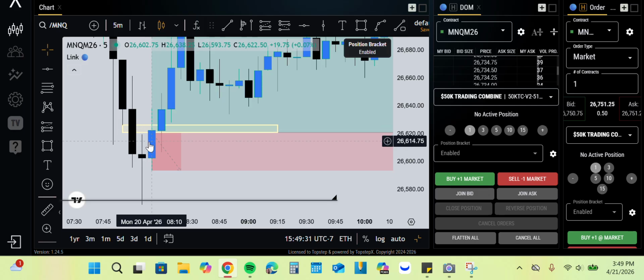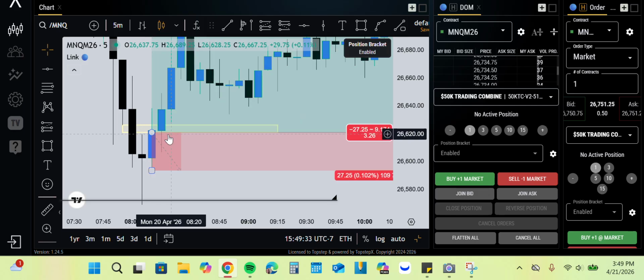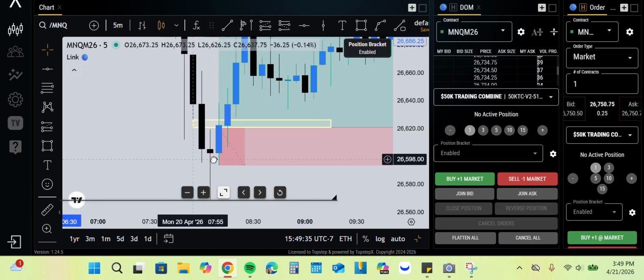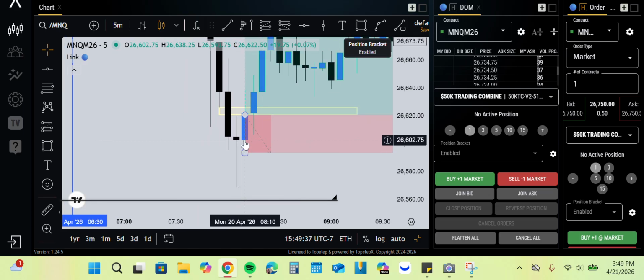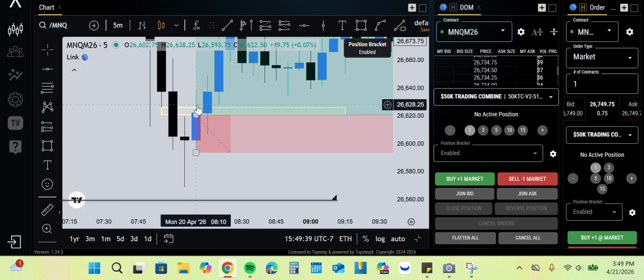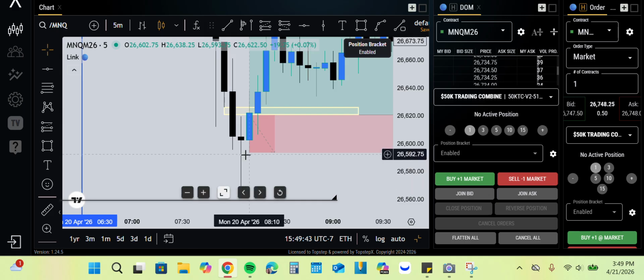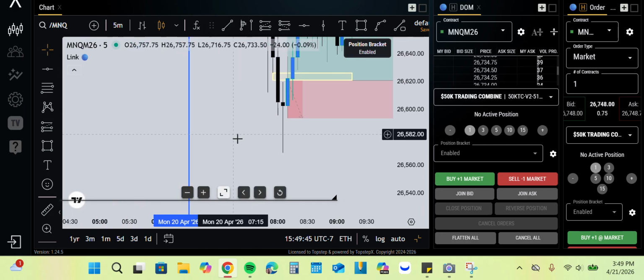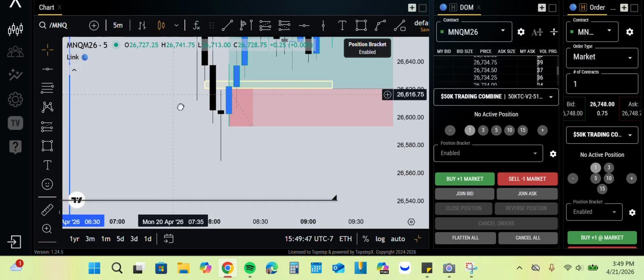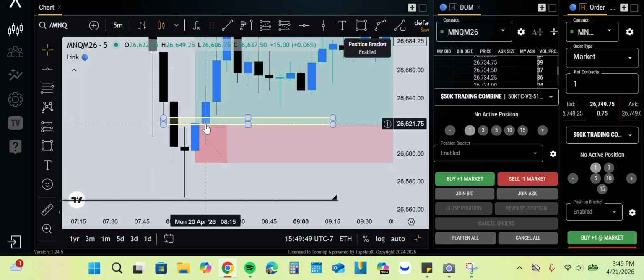It didn't have a full body closure. It's really important to not trade when this happens because the market could very well continue a downtrend, so I did not enter right there. I really wanted to see another candle. Once this candle closed, I wanted to see another candle fully close above it.